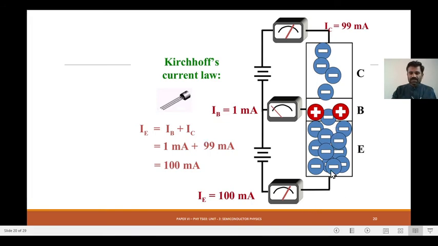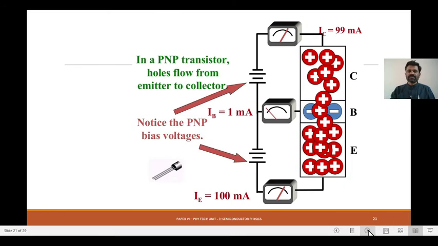The currents going out are IB and IC. So the sum of IB, which is 1 milliampere, and IC, which is 99, is 100 milliampere. This is Kirchhoff's current law, which can be applied to a transistor.